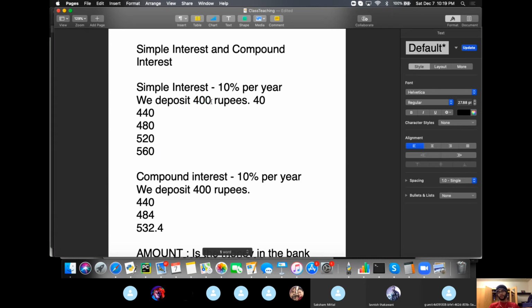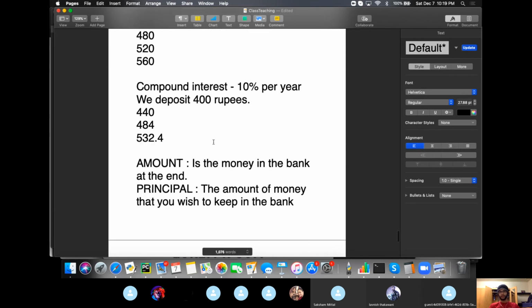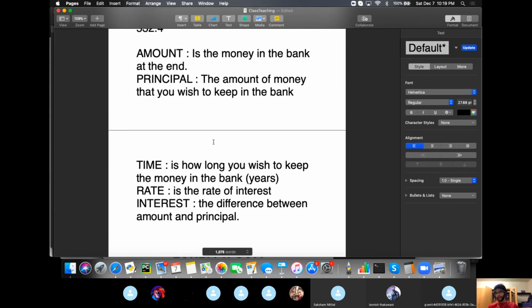So the total interest that we have after 4 years will be rupees 160. Okay, not 180, 160. Aryan, 560 minus 400 is 160. Okay, fine. These are the terms related.